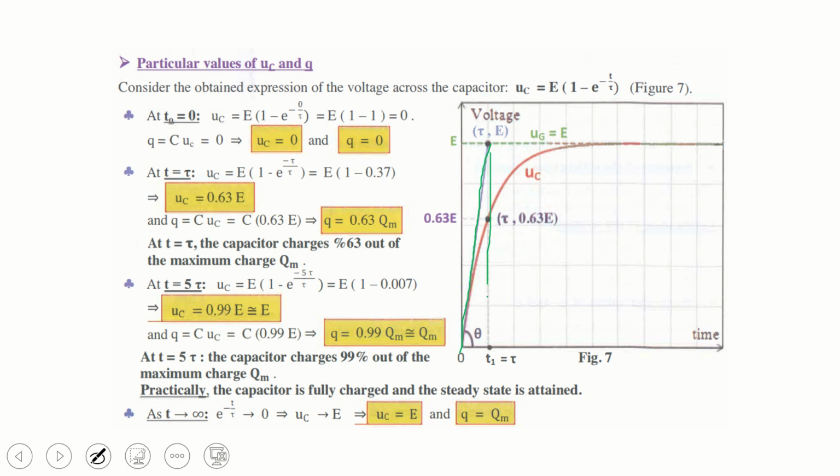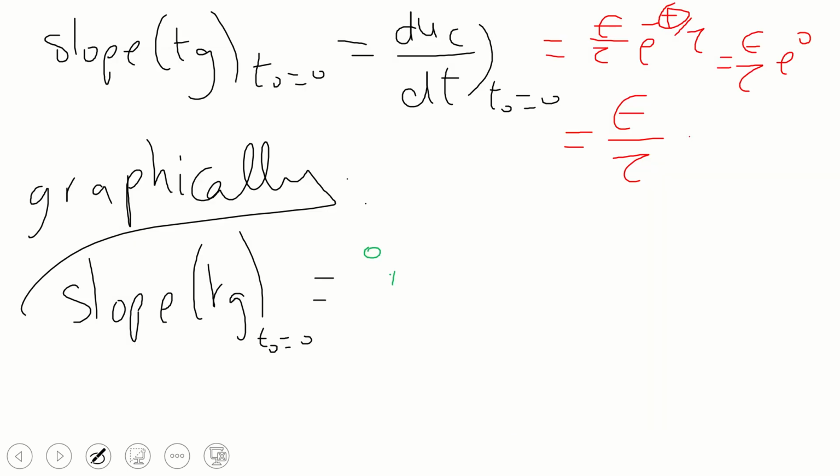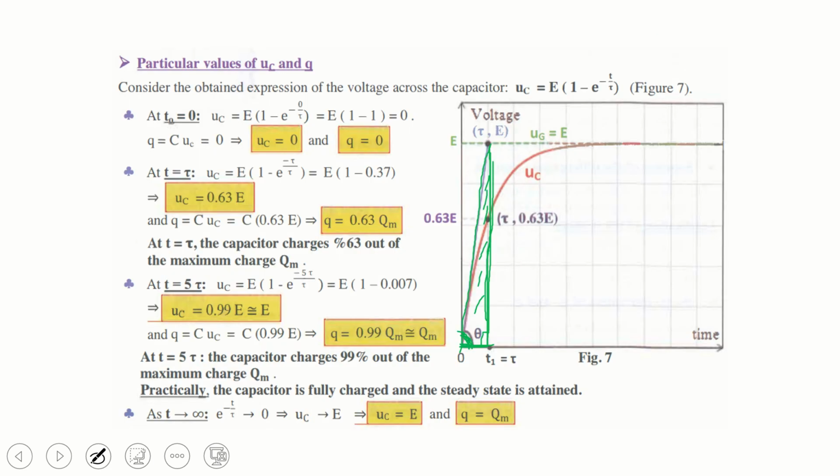This is the right angle triangle. The tangent is forming an angle theta with the horizontal. So this side is the opposite to theta, and this side is the adjacent to theta. In this triangle, tangent theta equals opposite over adjacent.